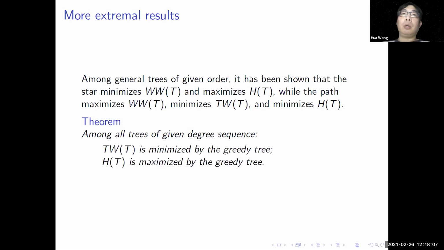In particular, the terminal Wiener index is minimized by the greedy tree, just as the Wiener index. The Harary index is maximized by the greedy tree. So remember that the Harary index was defined to be the sum of the reciprocals of all those distances. So it's not hard to believe that whatever minimizes the distances actually maximizes the reciprocal of it.